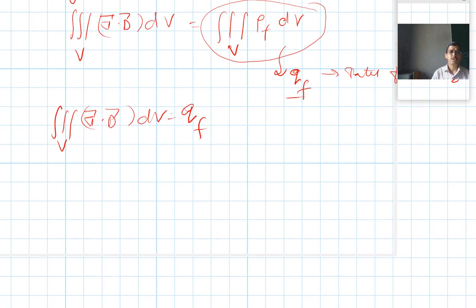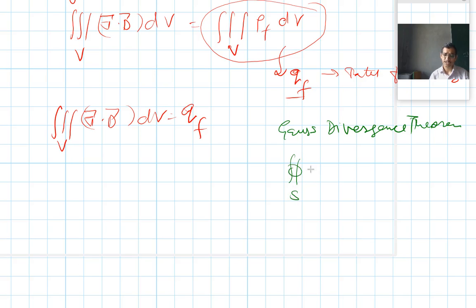But let us recall Gauss's divergence theorem. That indicates that the closed surface integral of some vector field is equal to the volume integral of del dot of that vector field.